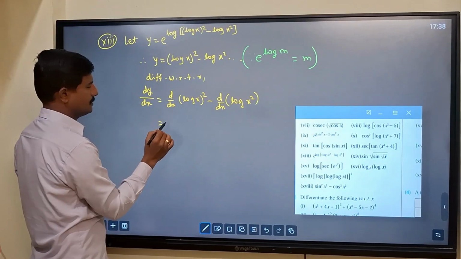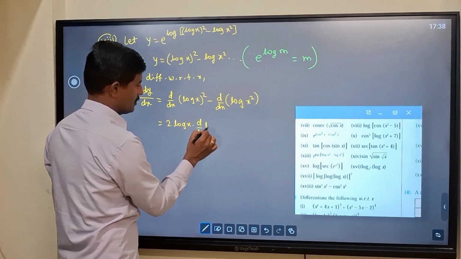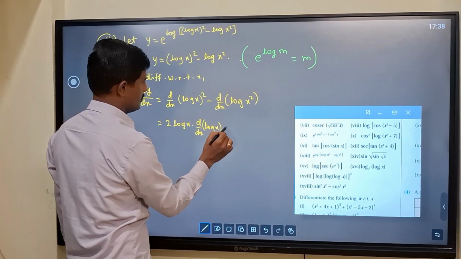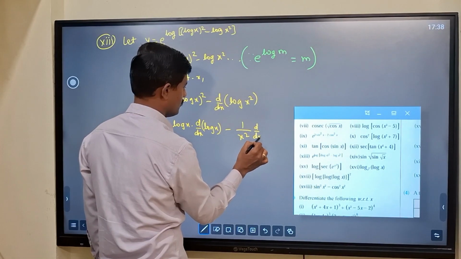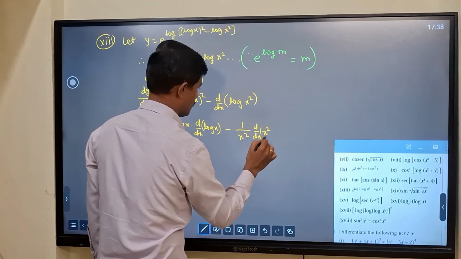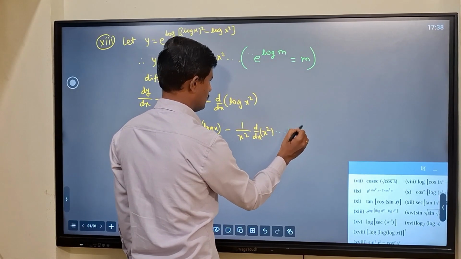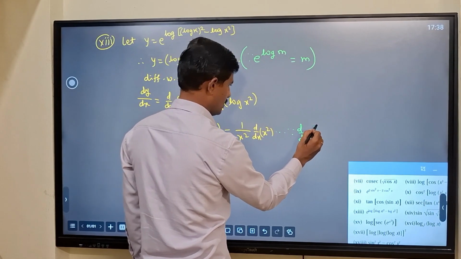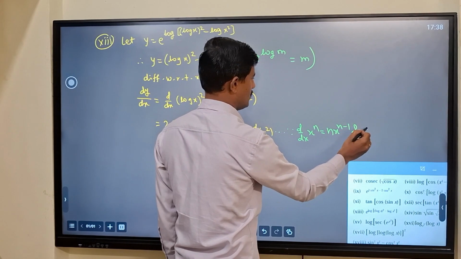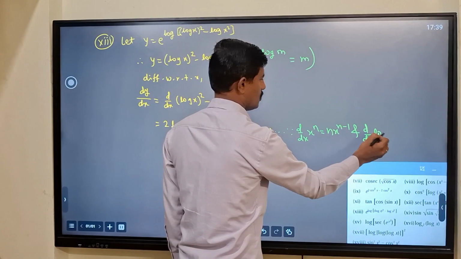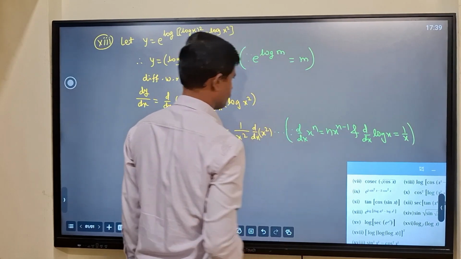So here it will become 2 log x d dx of log x minus 1 upon x square d dx of x square. At this step we used two formulas. One is d dx of x raised to n, that is n x raised to n minus 1, and d dx of log x is 1 upon x.